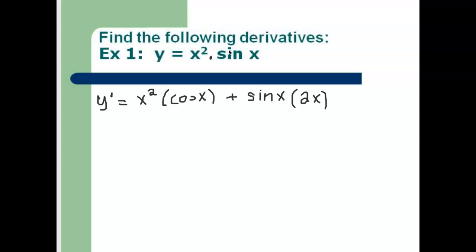So it's very important to make sure we are aware of where one function ends and another begins, so that 2x and the sine x don't get multiplied together. This does not become sine 2x squared. It becomes x squared cosine x plus 2x sine x, because the x on sine is part of its angle.